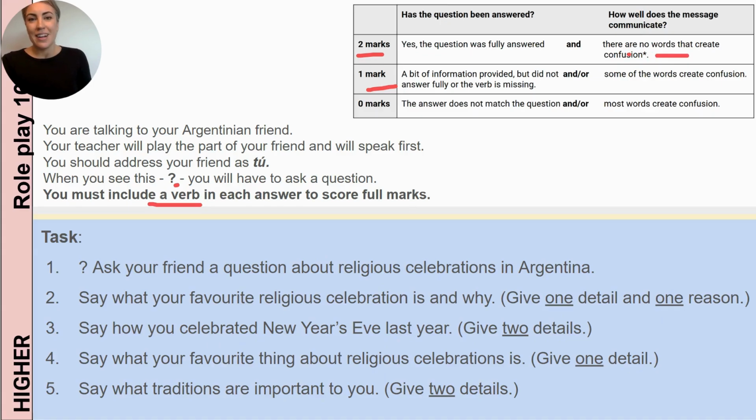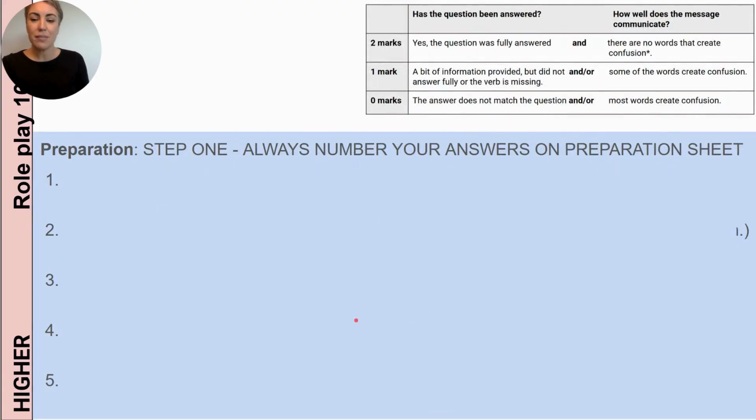Okay, so shall we take a look at the questions? Vamos. So step number 1, grab a piece of paper, a pen, and write down numbers 1, 2, 3, 4, 5. Because at the end of the day, when your teacher asks the question, you just need to read off the piece of paper. And hopefully, if you keep track of how many questions have been asked, you'll be able to answer with the correct number on your preparation sheet.